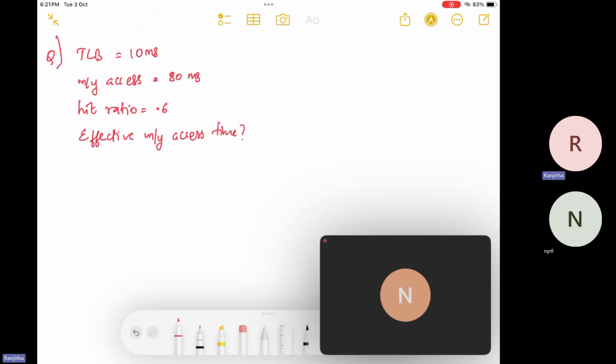So the formula is hit ratio into TLB hit time plus miss ratio into miss time.